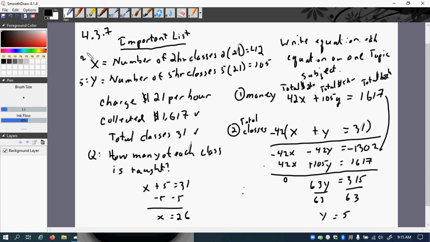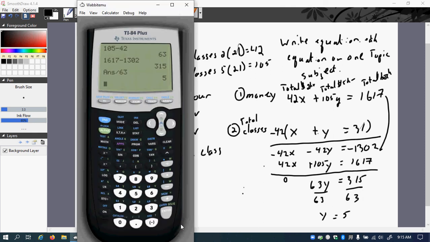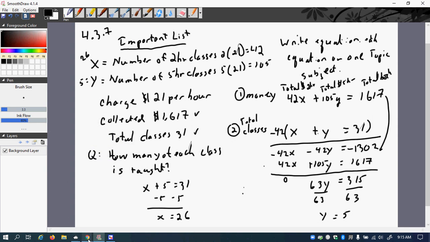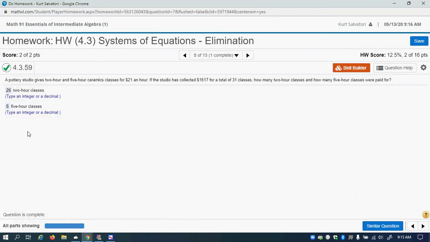In the end, the number of 2-hour classes is 26, and the number of 5-hour classes is 5. That's what you should be entering into the homework. So we entered 26 for 2-hour, 5 for 5-hour, and that's it.